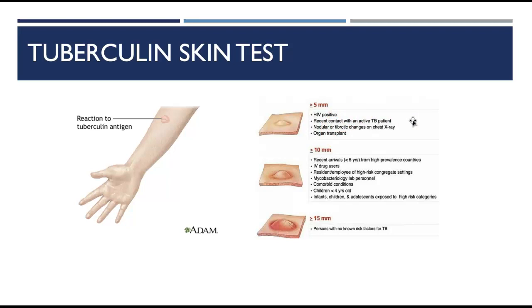And again, greater than or equal to 5 millimeters is an HIV patient, somebody with recent contact with an active TB patient, nodular or fibrotic changes on the chest x-ray, or organ transplant.